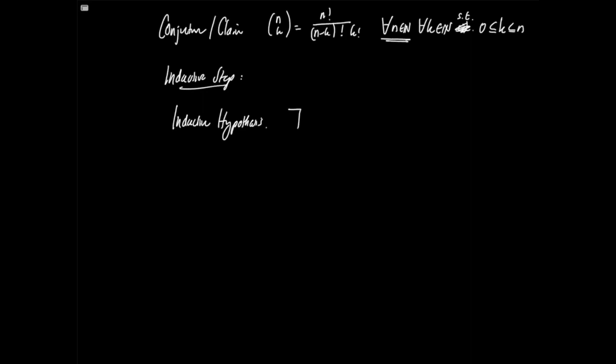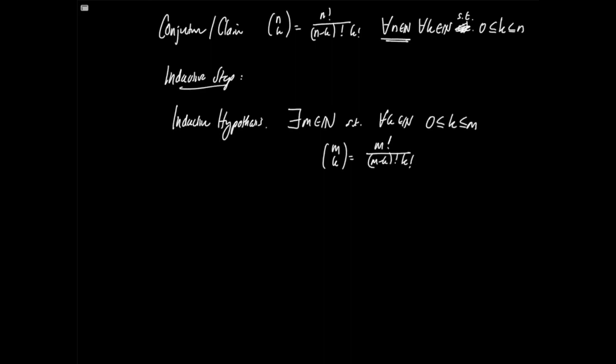So we're assuming that there exists, now we can't use k because we've already got k, so let's say m, there exists m in the set of natural numbers such that for all k in natural numbers between 0 and m, m choose k is equal to m factorial over (m minus k) factorial times k factorial.